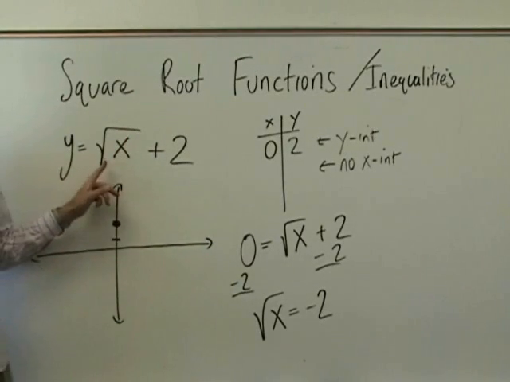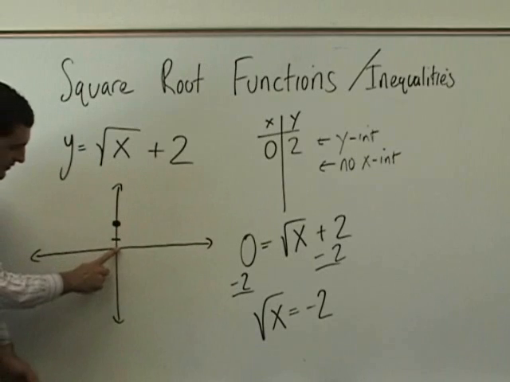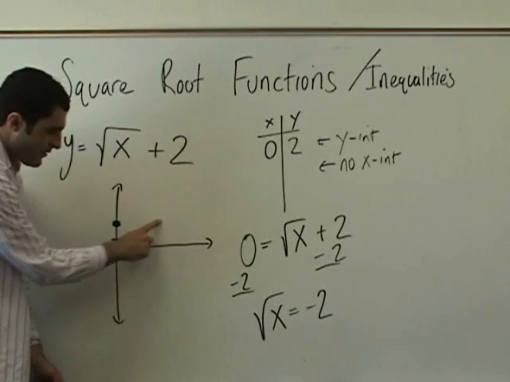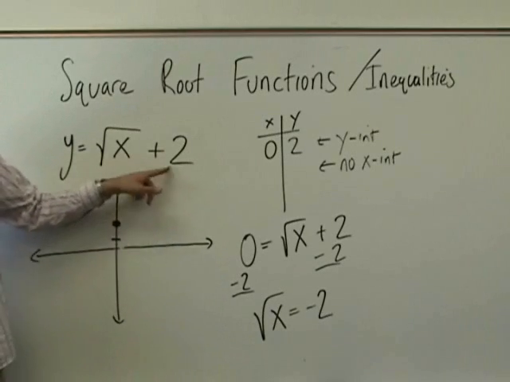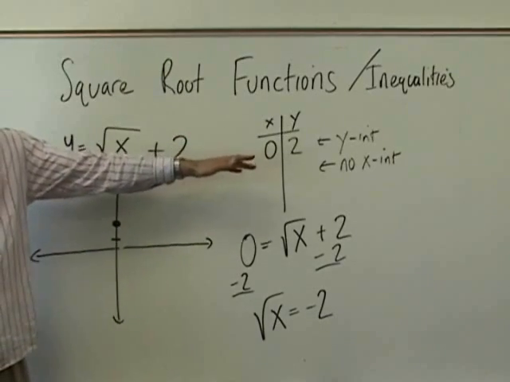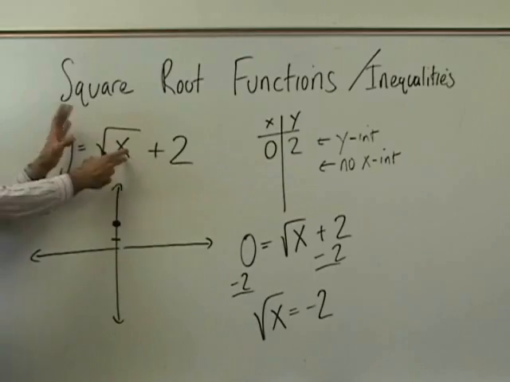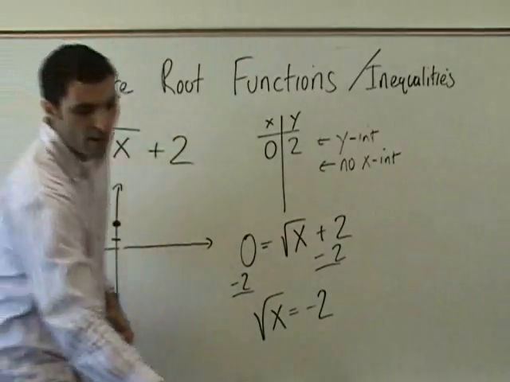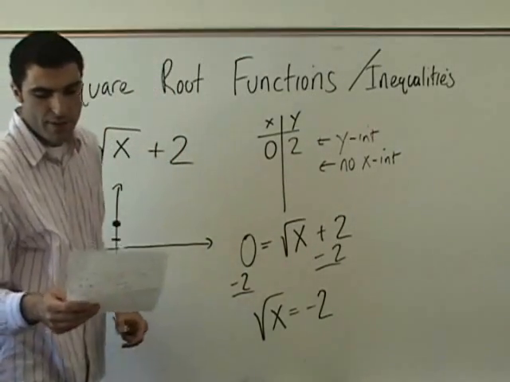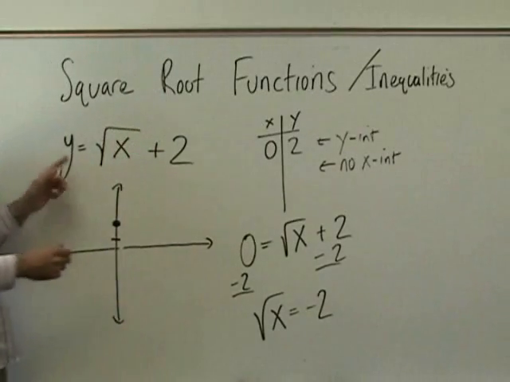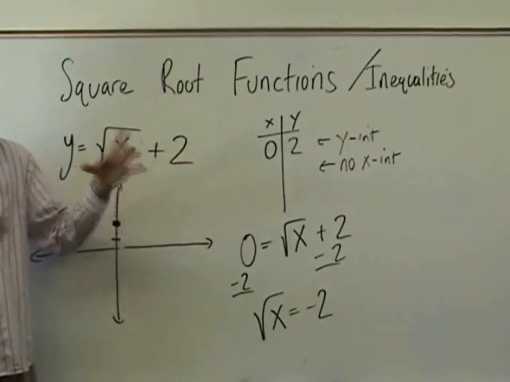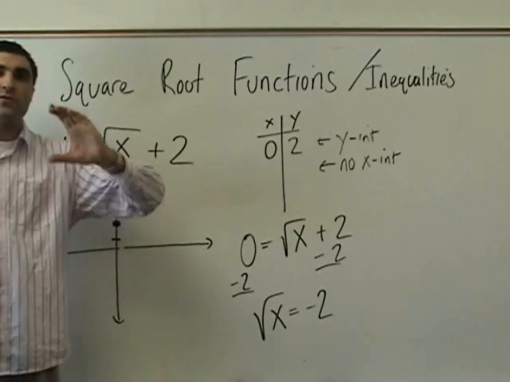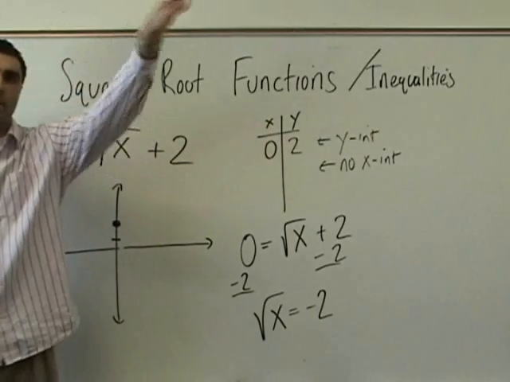The square root of x graph would have started here, the one we did at the very beginning, but instead it starts up 2 and then does its thing. So if you had y equals square root of 3x plus 4, plus 2, it would be the 3x plus 4 graph moved up 2, looking the same.